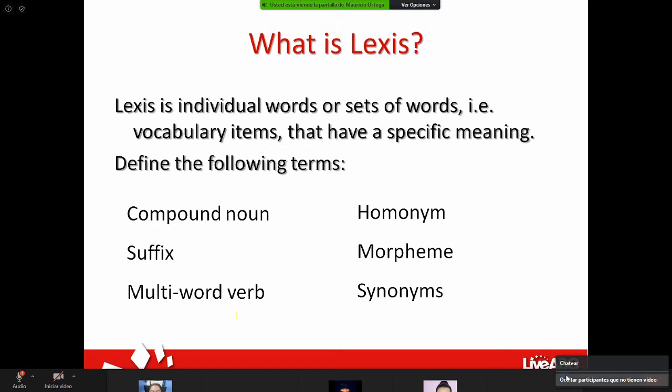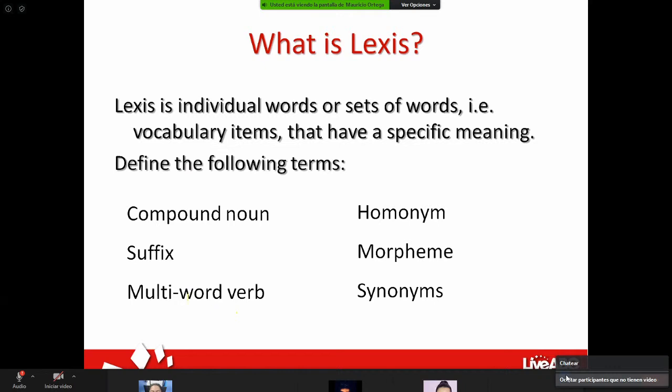For example, if we add an ly, we are making an adverb. The typical examples would be happy, happily, angry, angrily, sad, sadly. And these are some examples of how we are making an adverb from an adjective via a suffix.